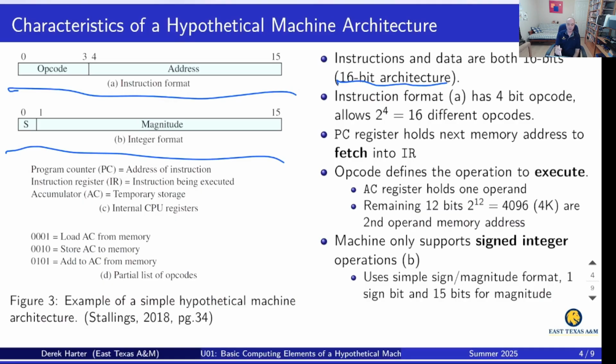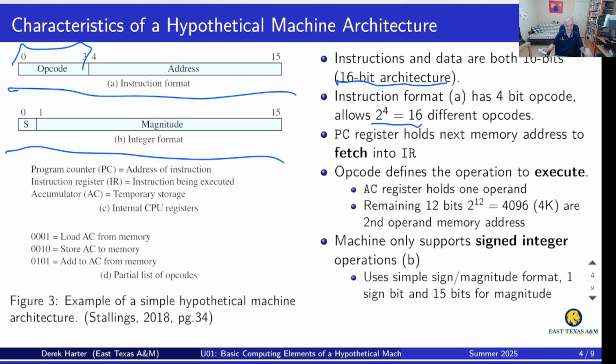For the instruction format that we're going to be using for this hypothetical machine, the first 4 bits of each instruction that is fetched in represent one machine operation that can be done. So it's going to represent the opcode. Since there are 4 bits, there's a possibility of 2 to the power 4, or 16, different opcodes that we can implement.